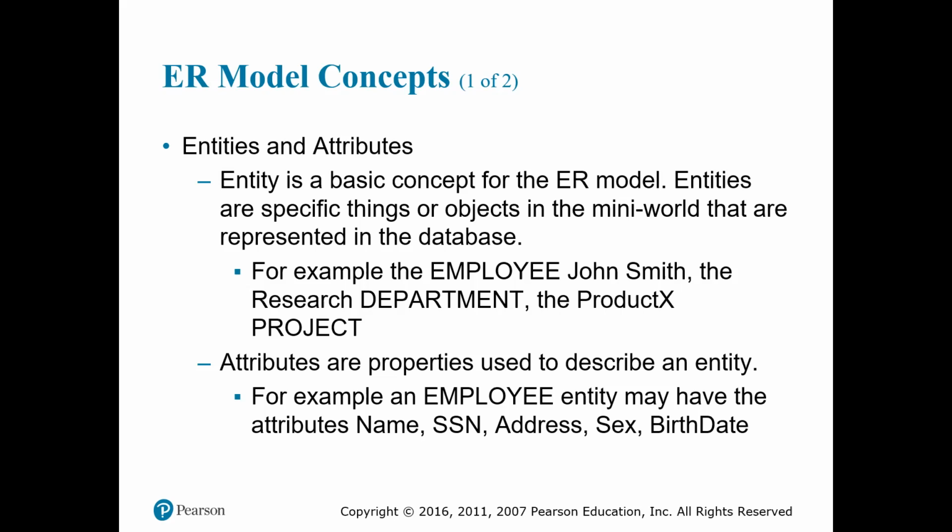Attributes describe the entity when you start adding in the data. So the employee could have name, social security number, address, sex, birth date, and you can have two employees that live in the same place. But you've got to have something that will generally uniquely identify the entity.